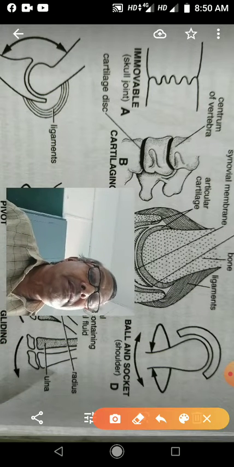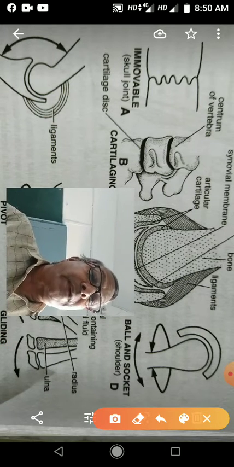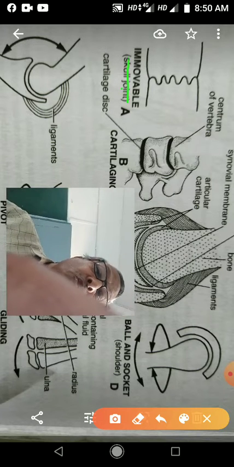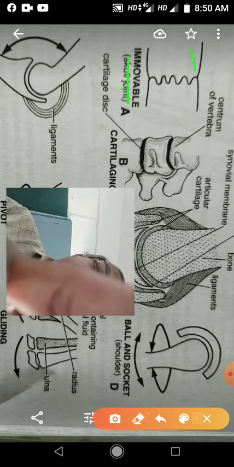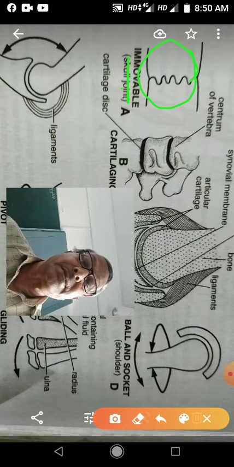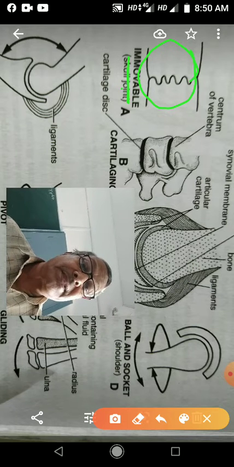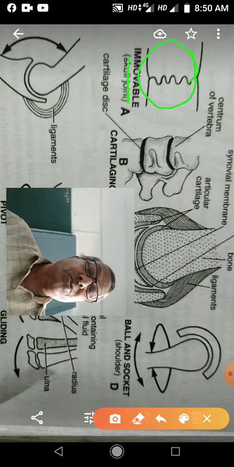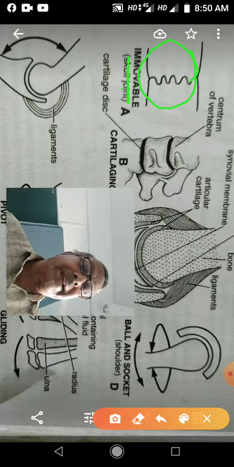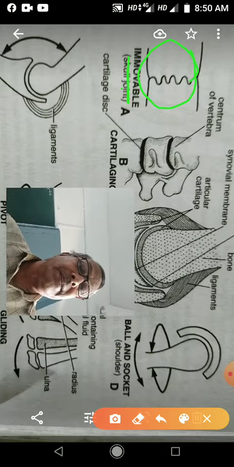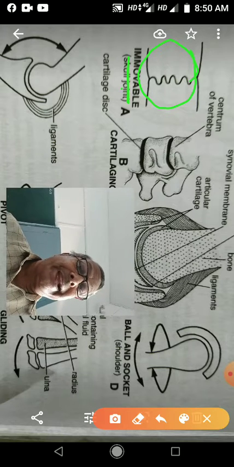In the different types of joints, the first is the immobile joint. This type of joint is immobile. It means the bones which have joined together are connected in such a way, they are articulated firmly, they cannot move.